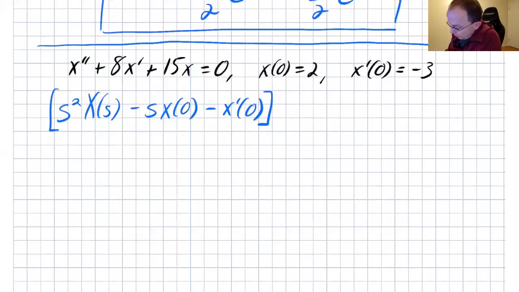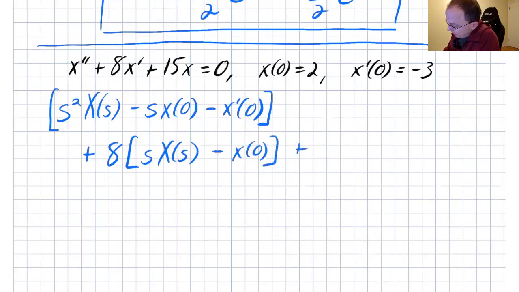And now it's going to be plus 8 times the Laplace transform of x prime, which is s times x of s minus, sorry, no, it's not s, so minus x of 0, and then plus 15, and this is just the Laplace transform of x of t, and the right-hand side is 0.